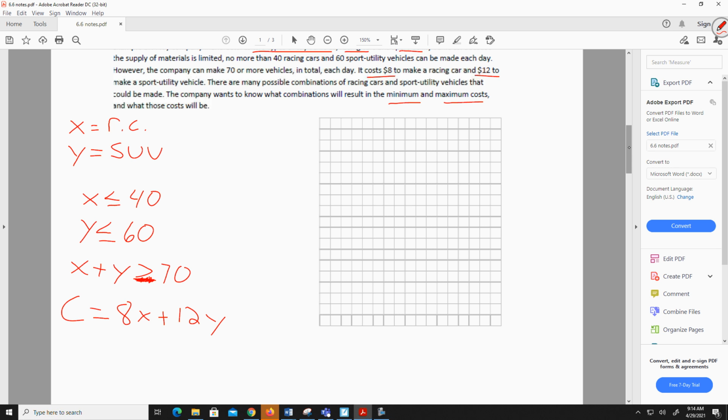Because we're dealing with costs, we're only going to be dealing with positive values. So your graph is actually going to look, I'll draw it. Now my scales are going up by like 70, 60, 40, so I'm going to go by 10.